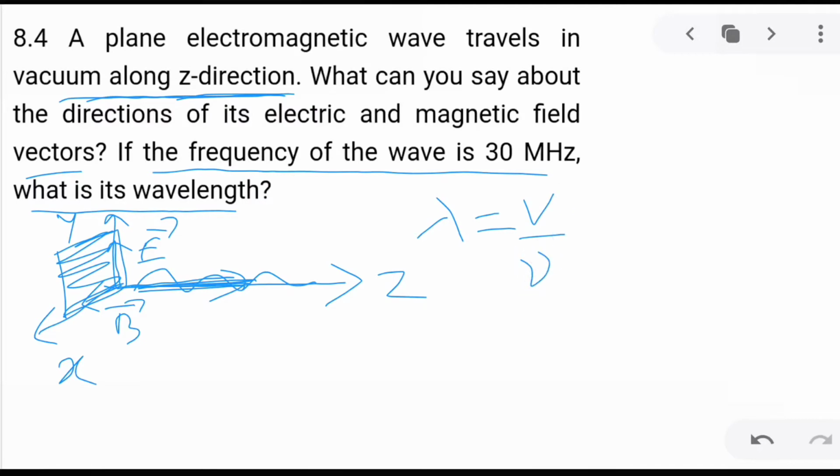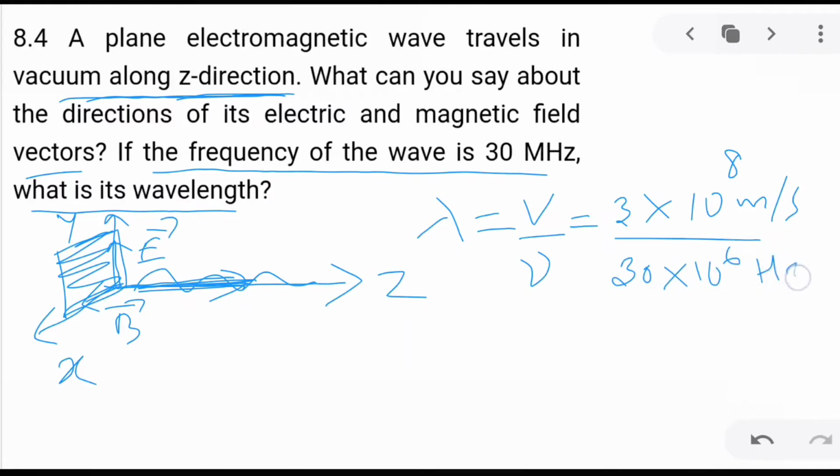Velocity of electromagnetic wave is a constant, equal to 3 into 10 power 8 meter per second, and frequency is given as 30 megahertz, which means 30 into 10 power 6 hertz. Now this can be written as 3 into 10 power 7. So the 3 and 3 get cancelled, leaving 10 power 8 over 10 power 7, which is equal to 10 meter. So the wavelength will be 10 meter.